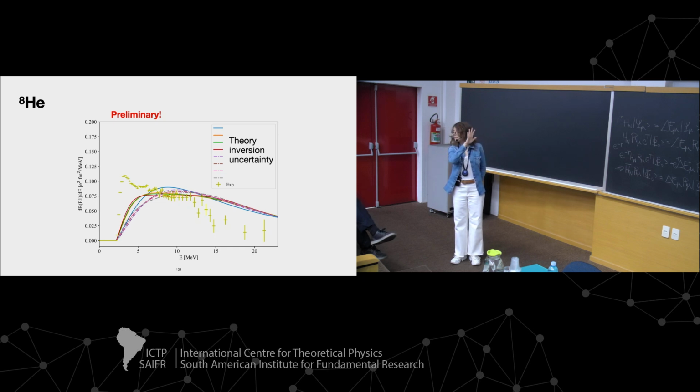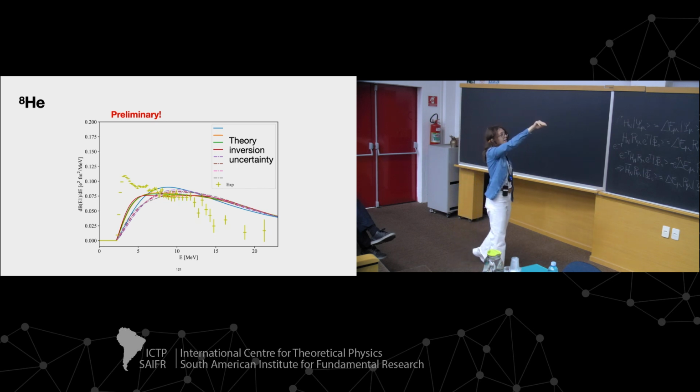If we look at the data, aside from the theoretical calculation, and we try to map this into halo or neutron skin structure, as Nakamura-san was showing before, we have this peak at the beginning, which is something that happens when we have halos.